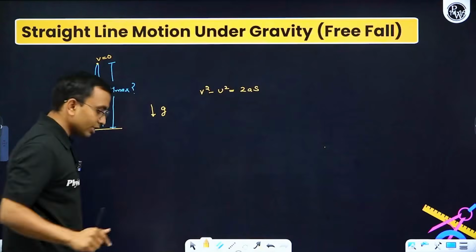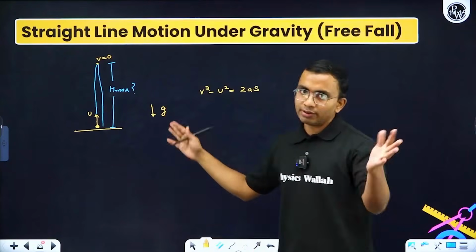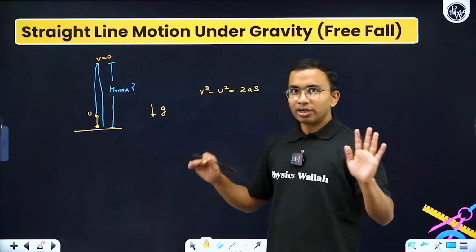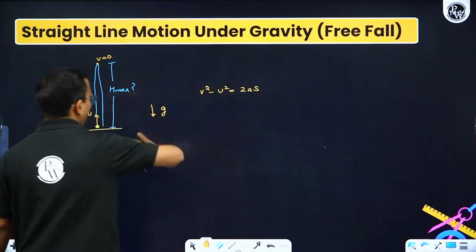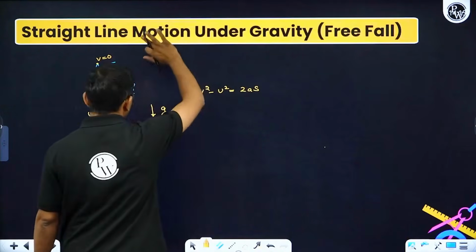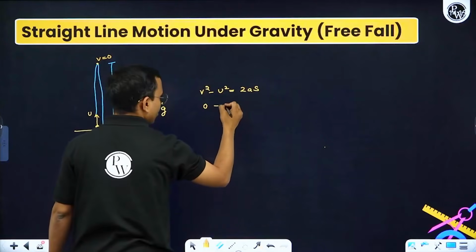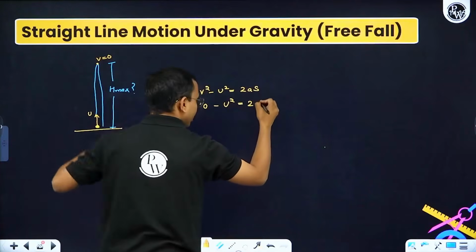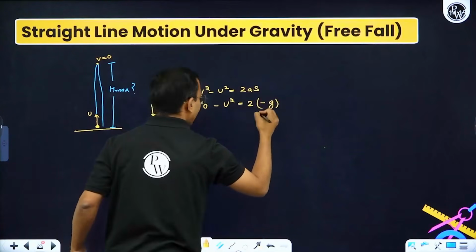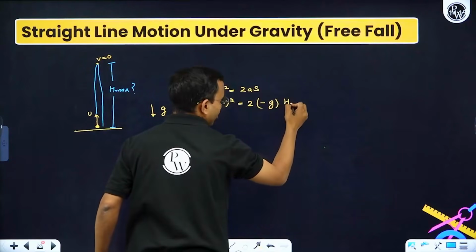Now here you need to consider which direction you are considering as positive, upward or downward. Any of the directions you can consider, but accordingly write the signs of your variables. So I'm taking upward as my positive. So when I consider upward as positive, final velocity is 0, initial velocity is u, so 0 minus u square is equal to 2 into acceleration, which is in the downward direction, so minus g, into the displacement, which I am considering as my h max.